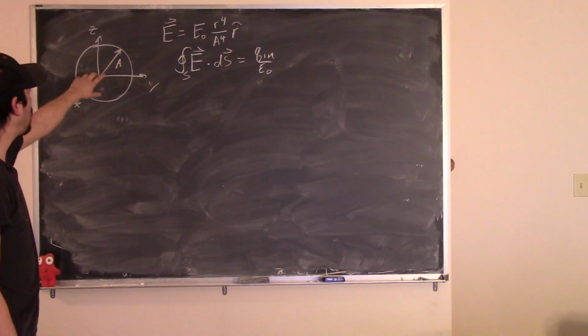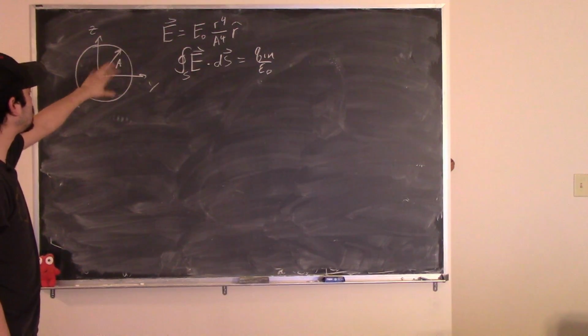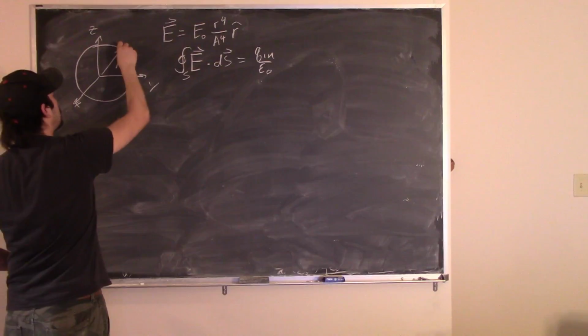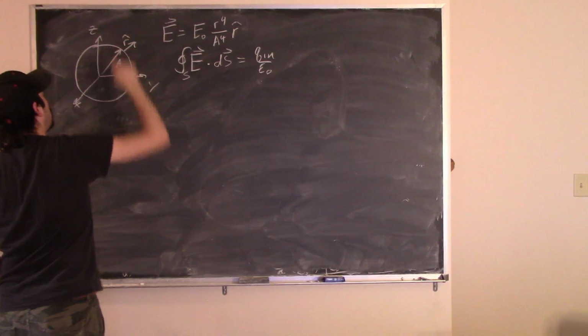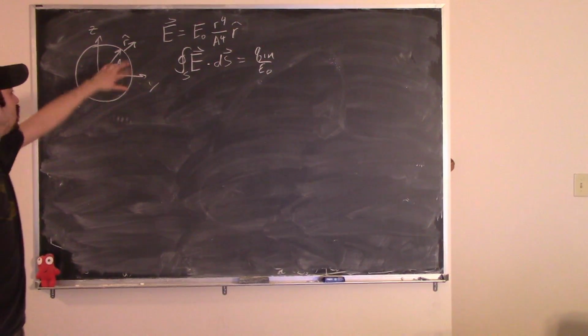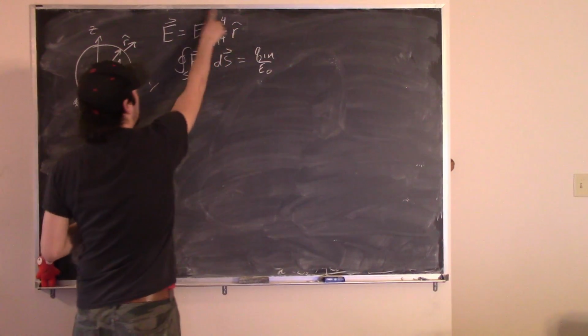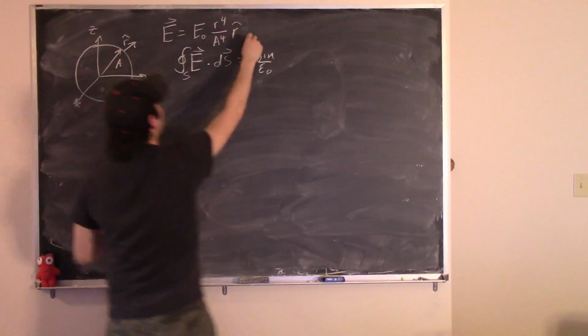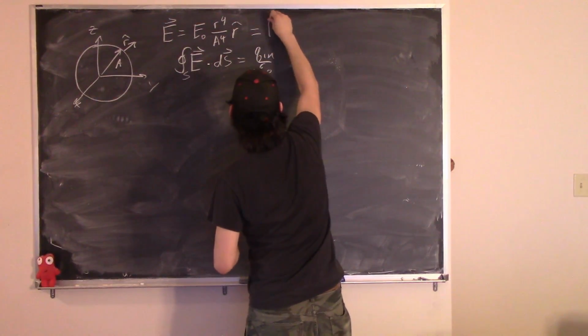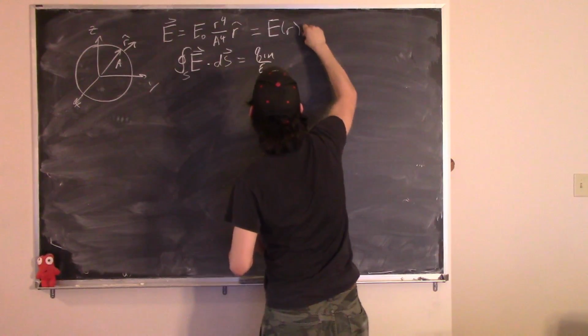So if we have this sphere, we know that the unit vector that points normal to the surface is going to be this r hat. I'm not going to plug the whole thing in here, I'm just going to say this is equal to E as a function of r times r hat.